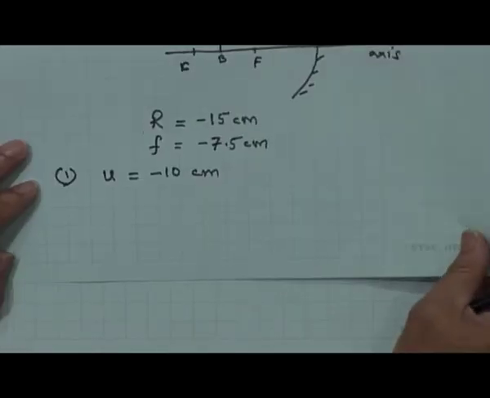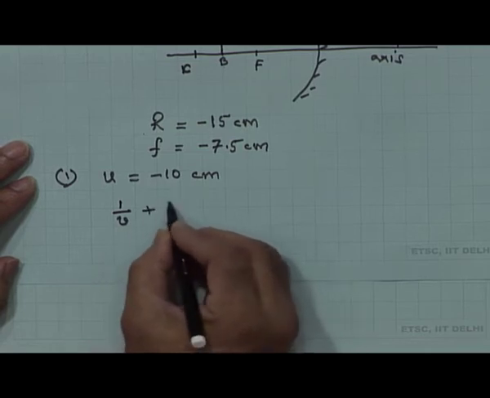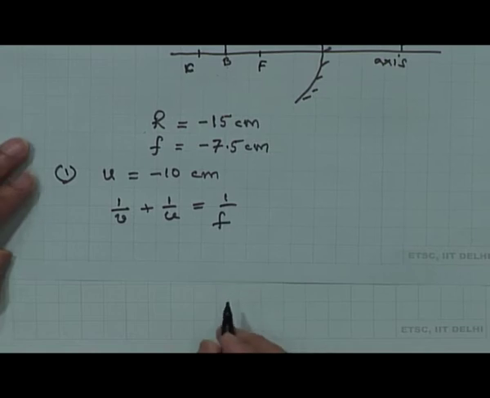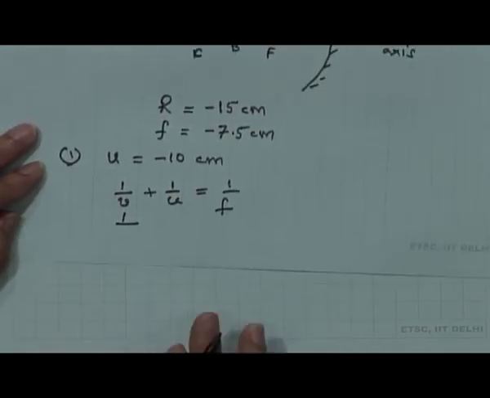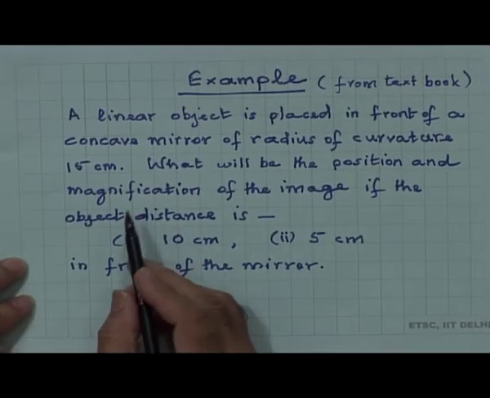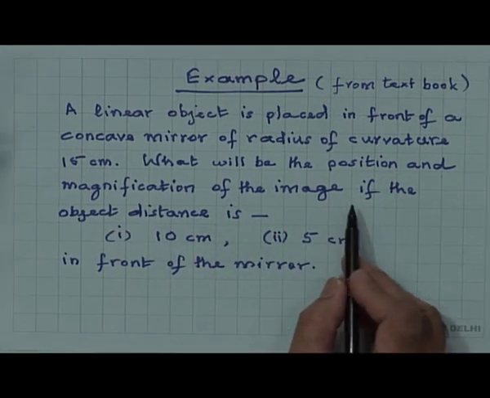So, use the mirror equation 1 by v plus 1 by u is equal to 1 by f. So, that is 1 by v, v we do not know. So, we are supposed to find out what will be the position and magnification of the image.